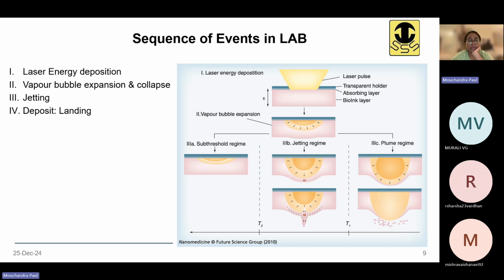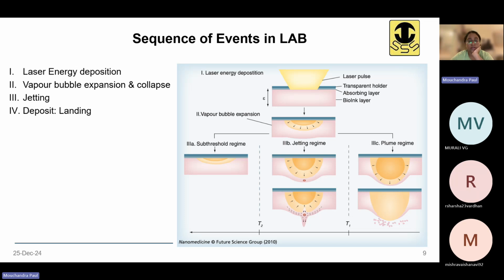Here, the vapor bubble that is forming is very weak, because of which it does not expand well towards the free surface of the bioink. If it does not expand, then the droplet will not be formed. So in the sub-threshold regime, the droplet will not be formed.